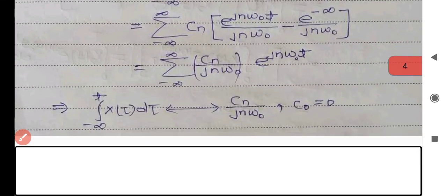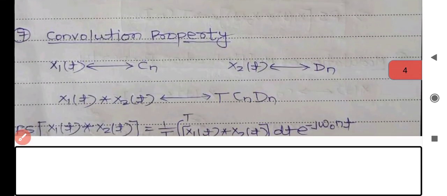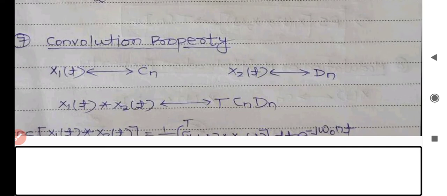This property is called the integration property of the Fourier series. There are some other important properties. The convolution property or convolution theorem is a very important property.